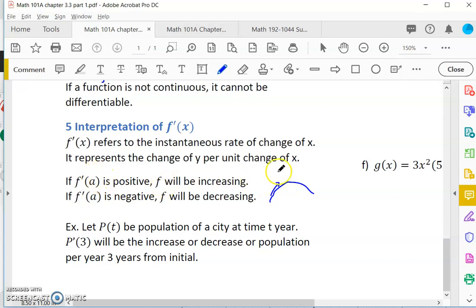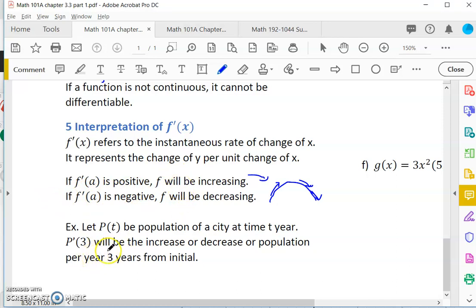And you can see f is increasing, corresponding to this case. When f prime is negative, that means the slope is negative. That means your tangent line goes this direction. That means at that point, f will be decreasing. So by analyzing f prime of x, we actually know on which intervals f is increasing or decreasing.